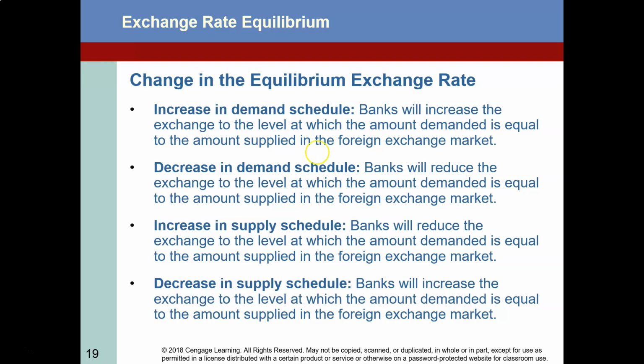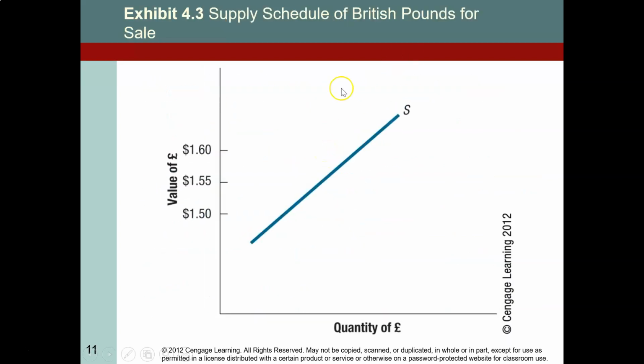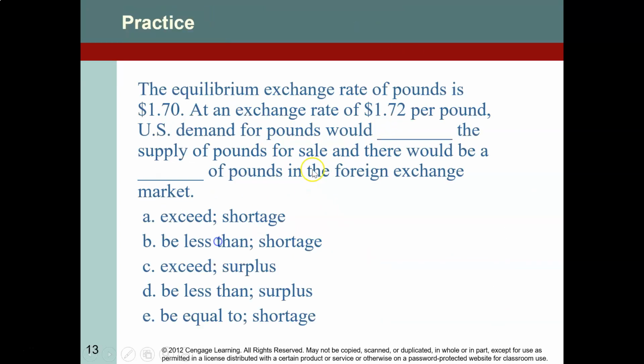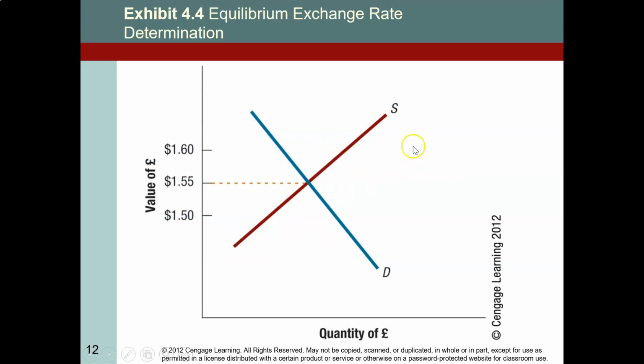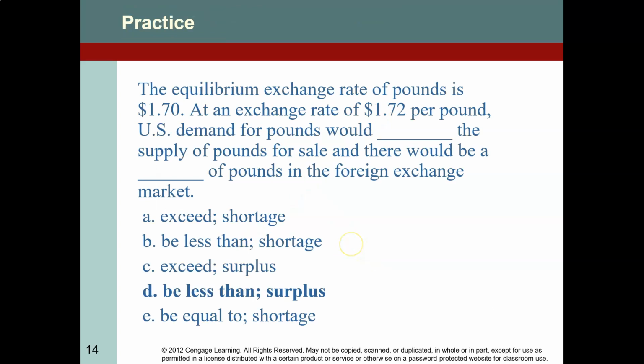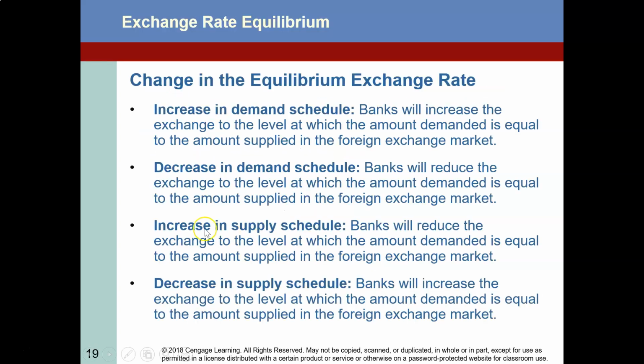Imagine this red line is moved to the right, so there is an increase in supply for each price level. The equilibrium price, the intersection point between the supply and demand schedules, will be lower. That's why we say when there's an increase in the supply schedule, when the red line moves to the right, banks will reduce the exchange rate to the level at which the demand and supply quantities are equal to each other.